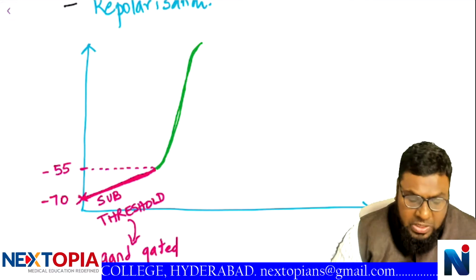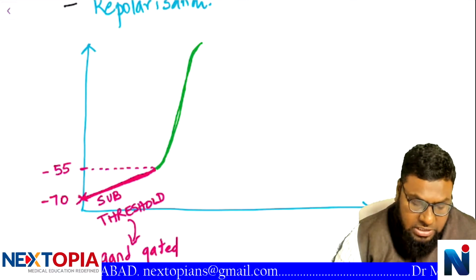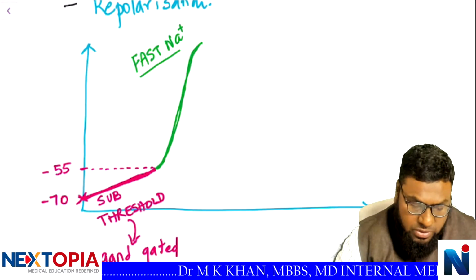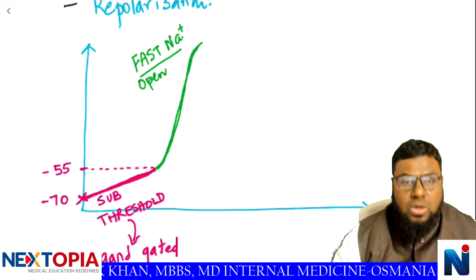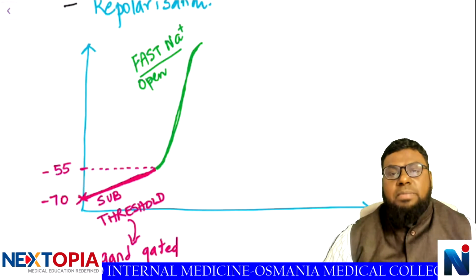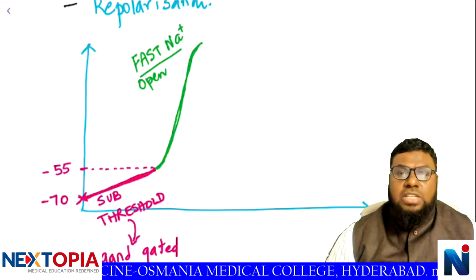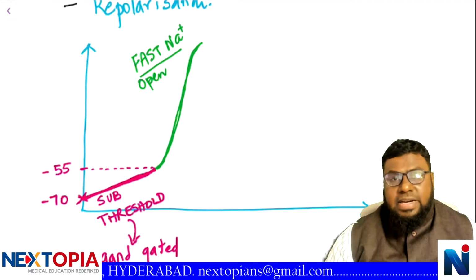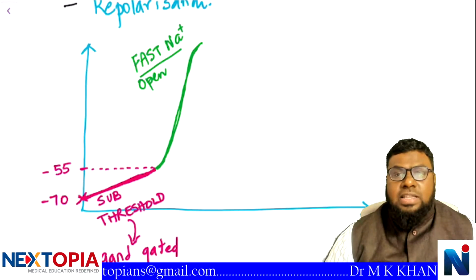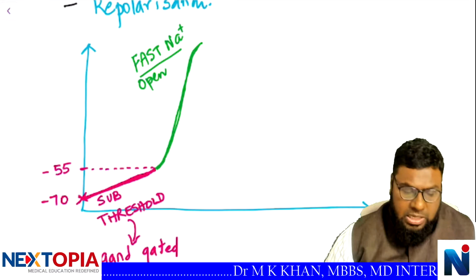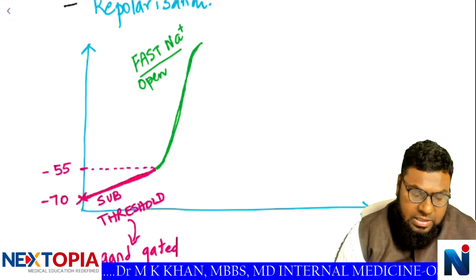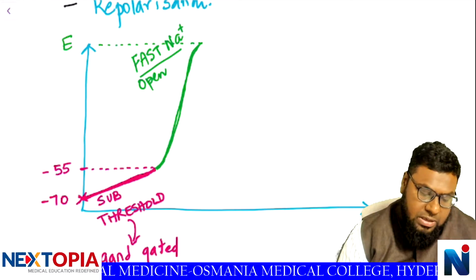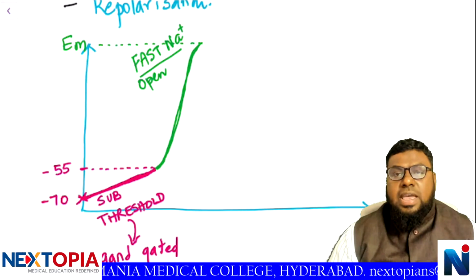To reach the peak, this peak is brought about by the fast moving sodium channels, also called voltage gated sodium channels, which open. The membrane potential becomes positive. The fast sodium channels open and are activated from the closed state. After that, once the equilibrium potential is reached, this top peak we call the equilibrium potential.